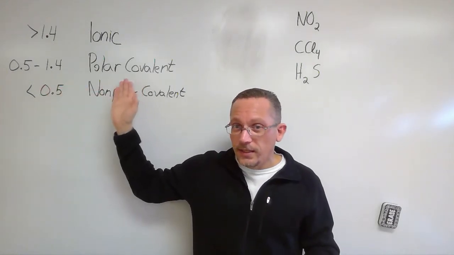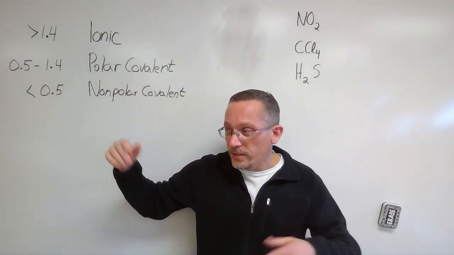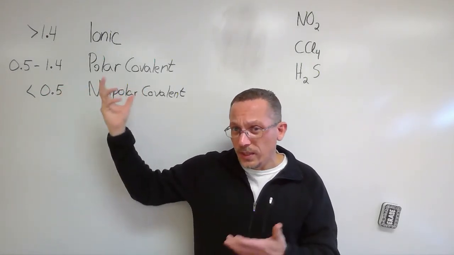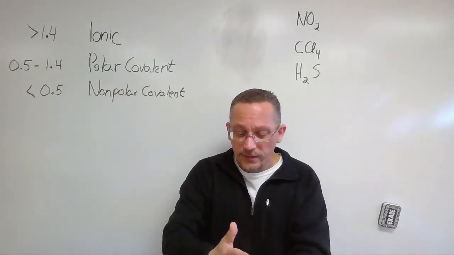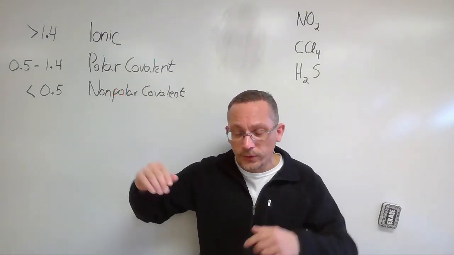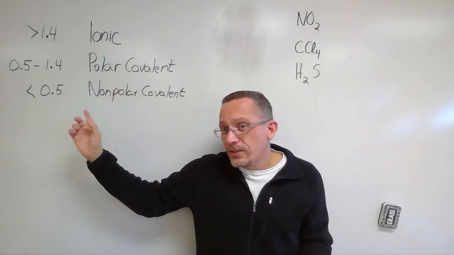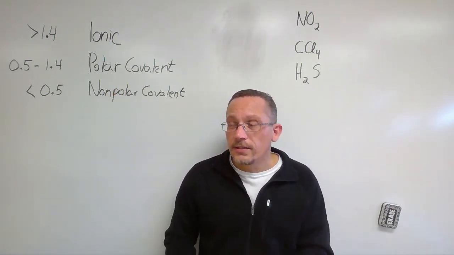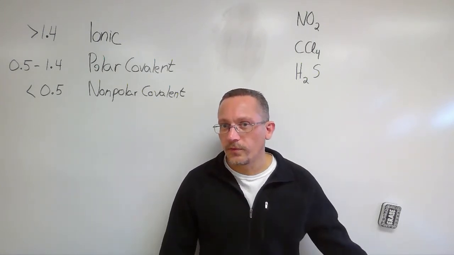This is just kind of a word that categorizes how well they share. There's no clear cut, this is where nonpolar ends and this is where polar begins. If you get exactly 0.5, you might say that it's slightly polar, right?